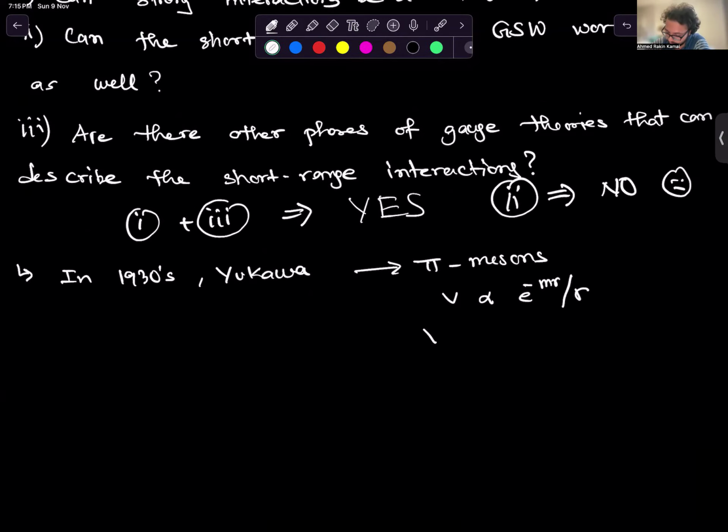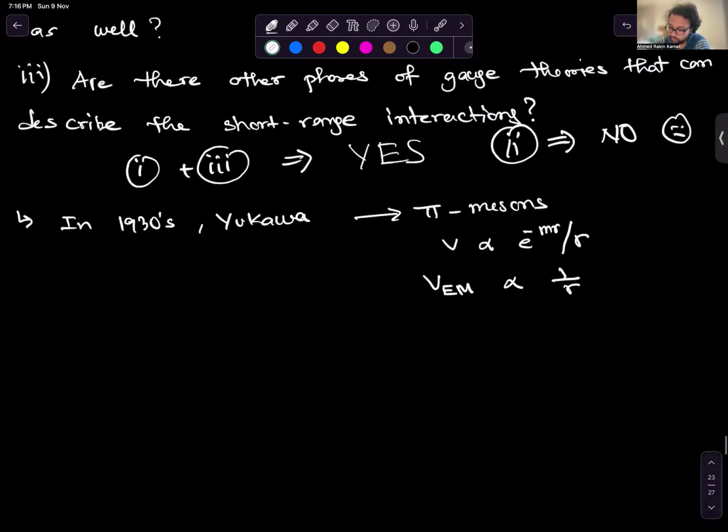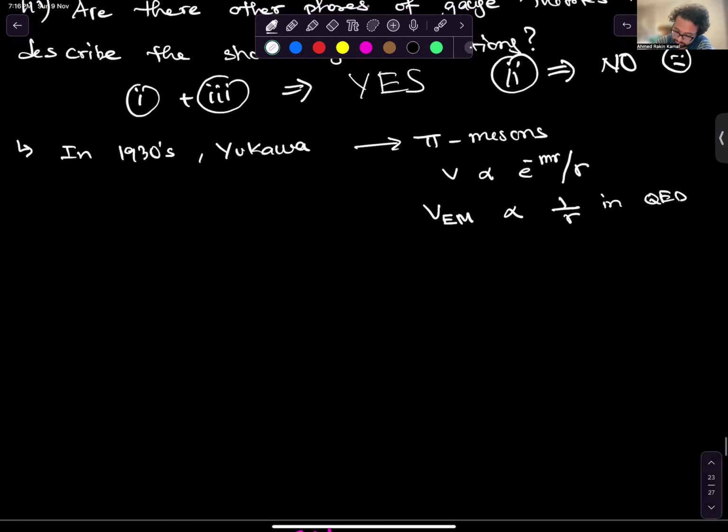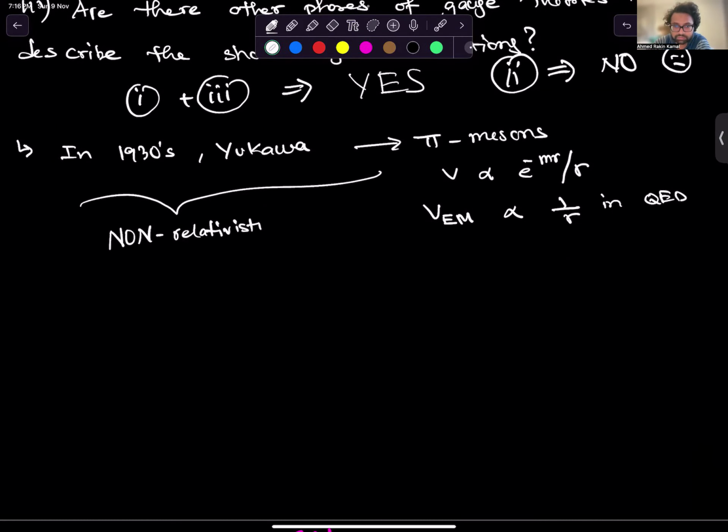If you remember the potential for electromagnetism, it was some 1 over r in QED, at tree level, of course. However, the description of Yukawa was a non-relativistic one. So a relativistic quantum field theory description actually lacked in Yukawa's theory.